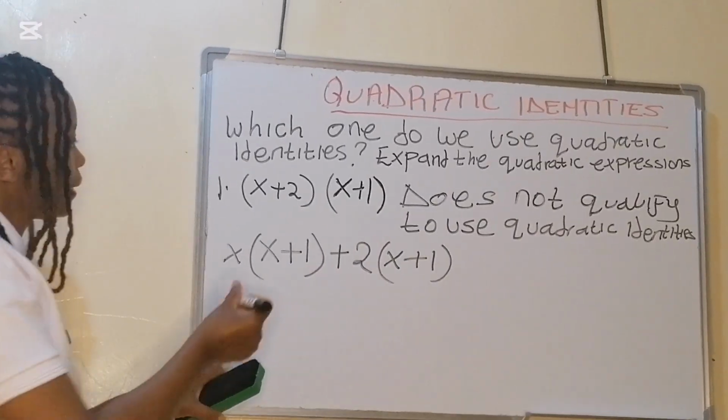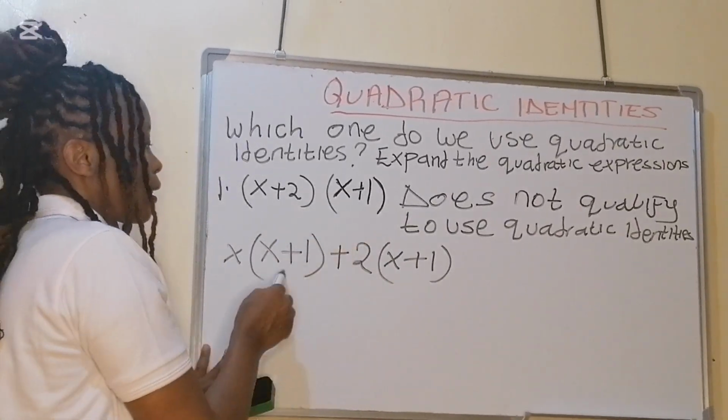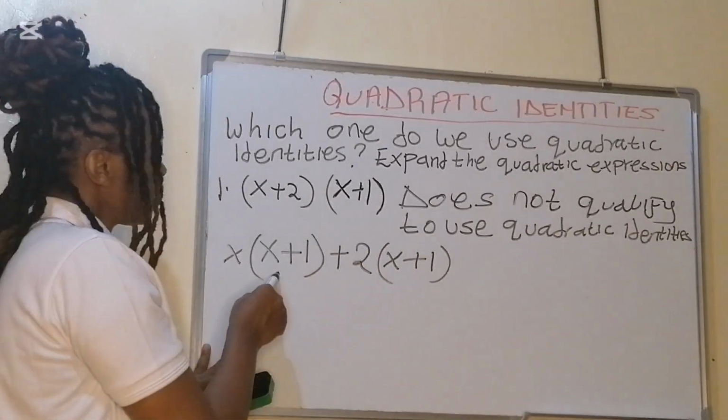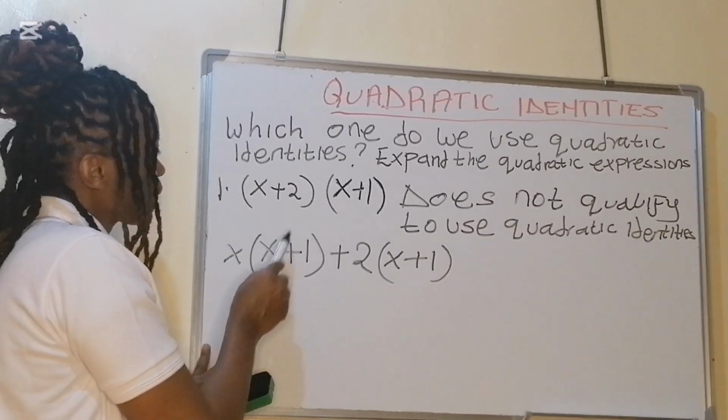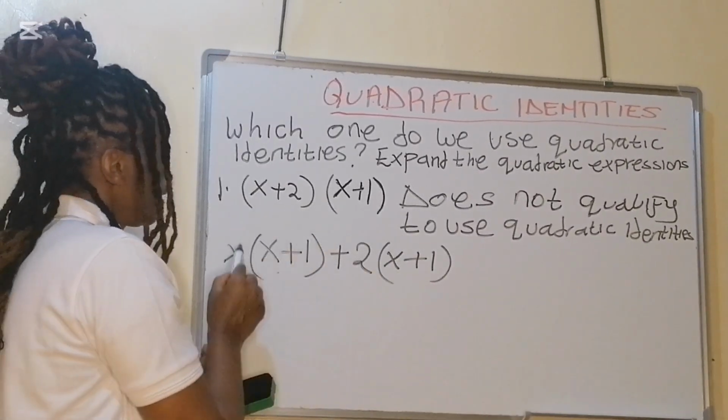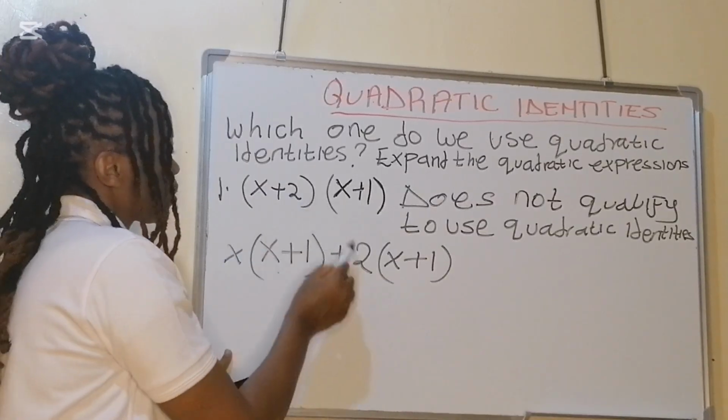When you expand, you take the one in brackets, x plus 1, times x and times 2.